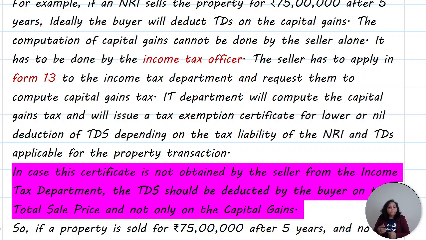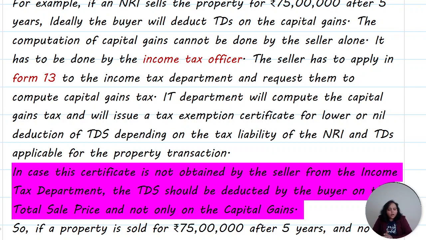You will have to approach the income tax assessing officer and request the assessing officer to issue Form 13, on the basis of which the buyer will deduct TDS.